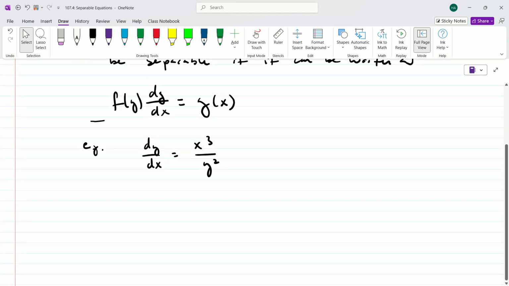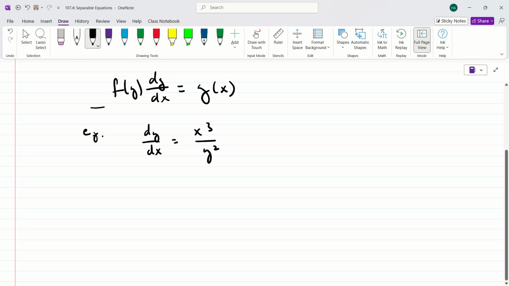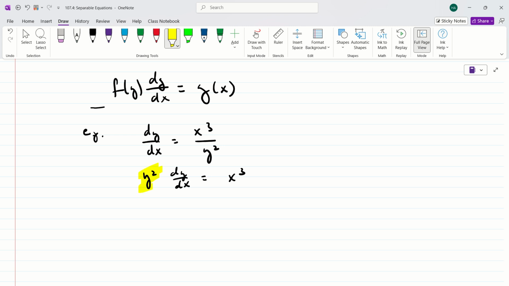In fact, if we multiply both sides by y squared, I get y squared dy dx is equal to x cubed. So on the left hand side I have this sole function of y, and on the other side I have this sole function of x. So in fact, this is a separable differential equation.